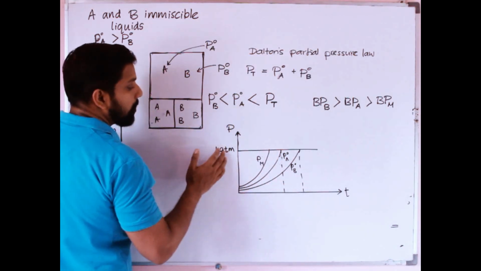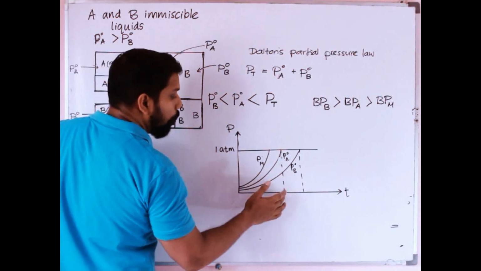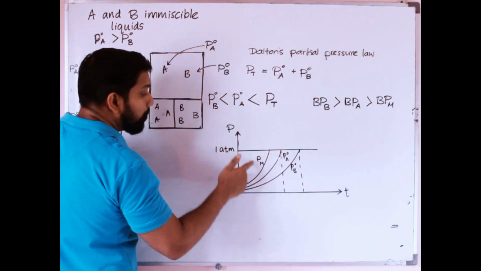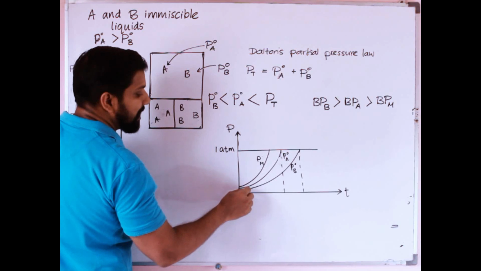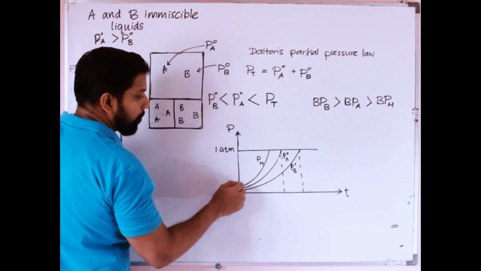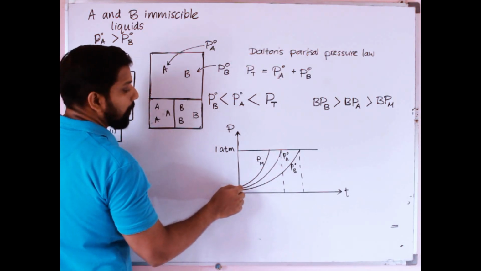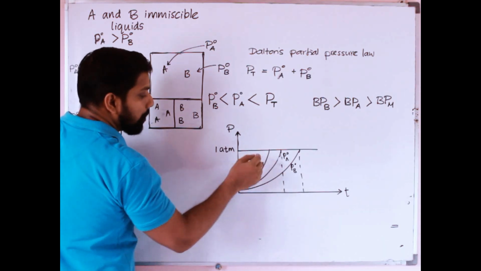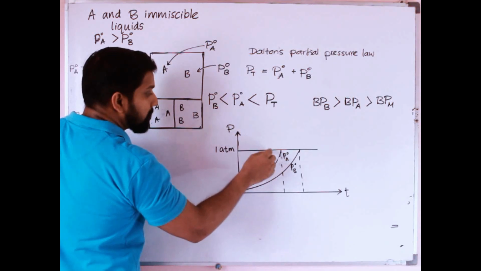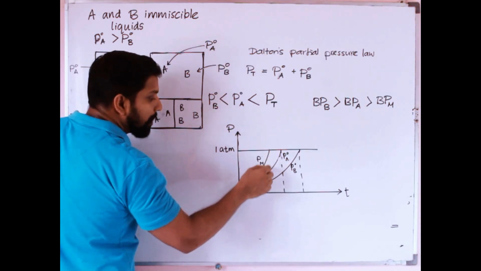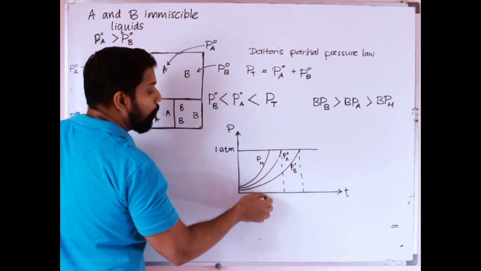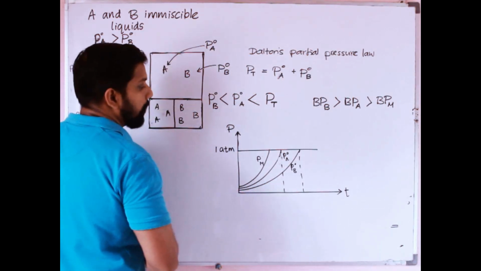It reaches the external pressure at lower temperature, that means its boiling point is less. The vapor pressure of the mixture is always the addition of two saturated vapor pressures. Therefore, it is always greater than these two. As a result, the mixture reaches the external pressure at a lower temperature than the pure liquids. So it boils at a lower temperature than the two liquids.